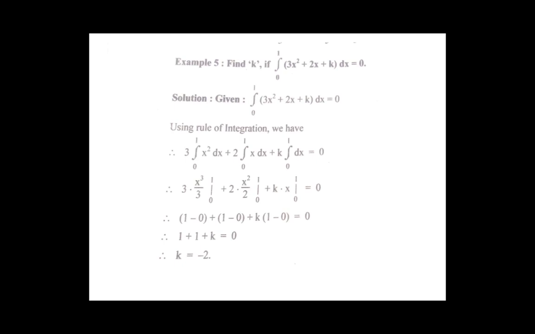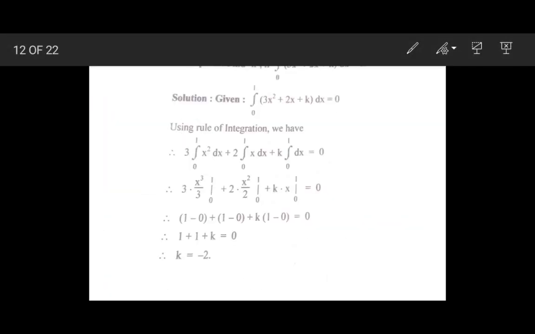So now, by using the rules of integration, we have 3 is a constant part, so it will come outside the integral, x square dx, plus 2 is a constant, so it will come outside the integration. So integral of x dx, plus k, a constant, so it will come outside the integral. So k into the integral of 0 to 1 dx.